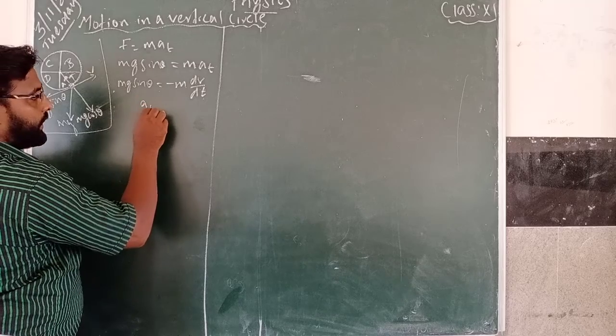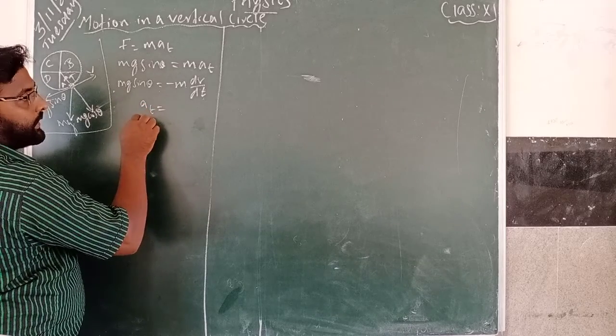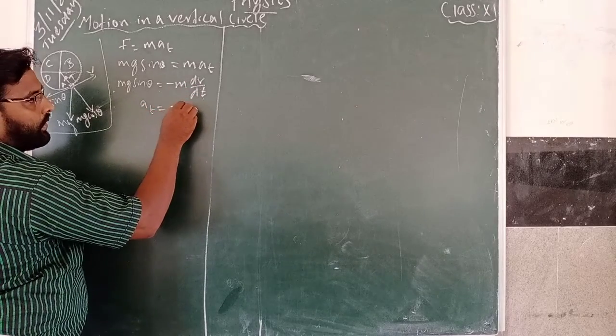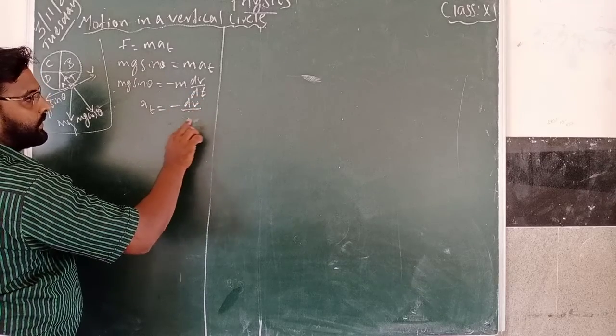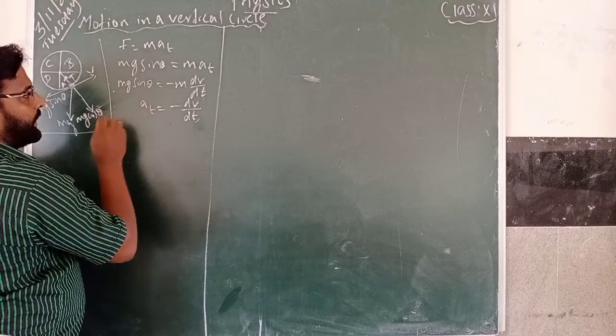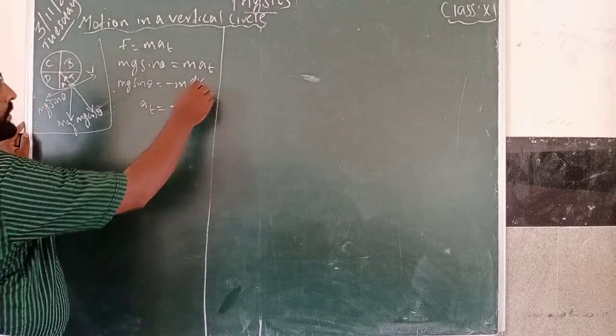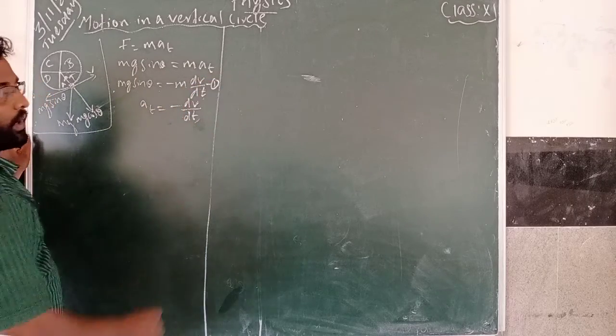So here a_t means tangential acceleration, and we have taken minus dv by dt. You can keep this as equation 1.